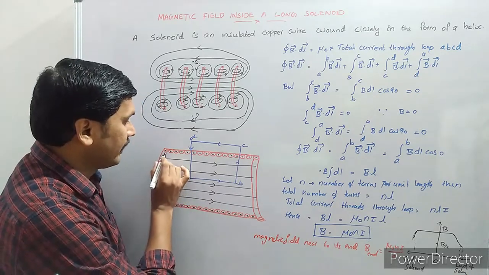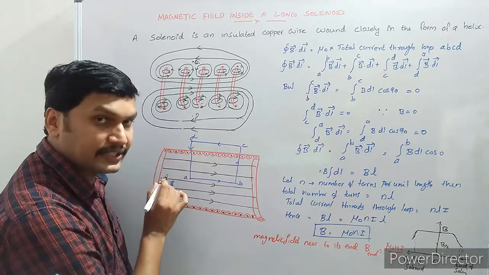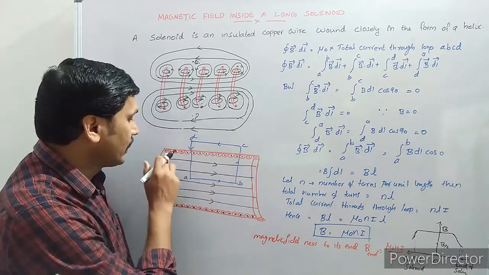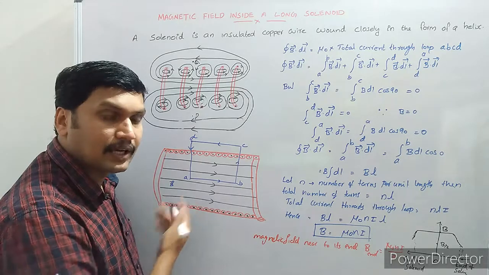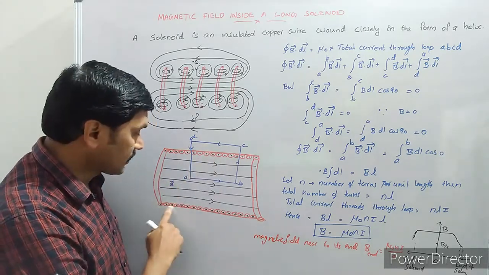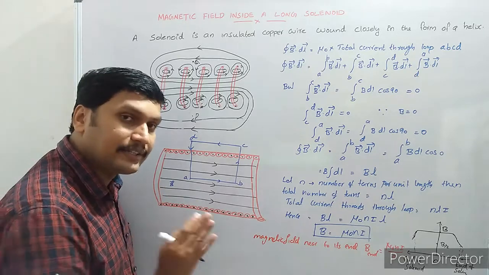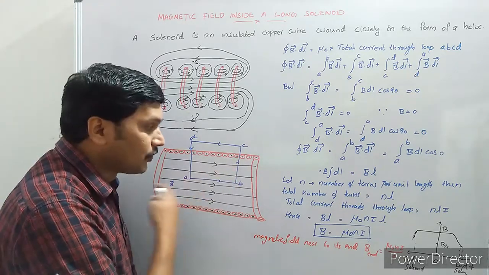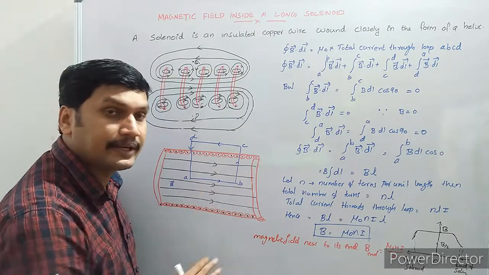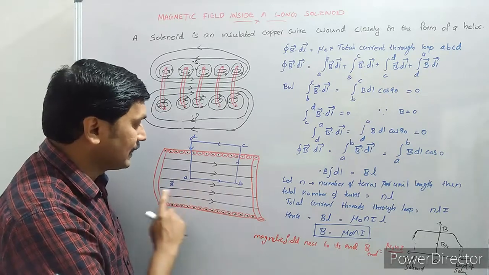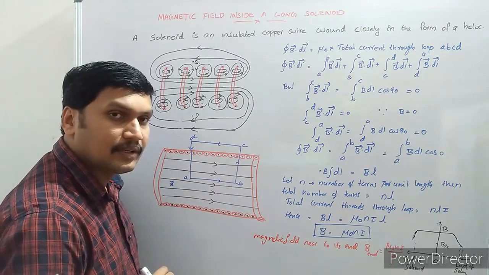And these are the ends of the turns. The dot mark shows that the current is coming out of the plane of this board, and the cross mark shows that the current is entering the plane of this board. So we have a uniform magnetic field inside the solenoid along the axis of the solenoid, shown by parallel magnetic field lines.